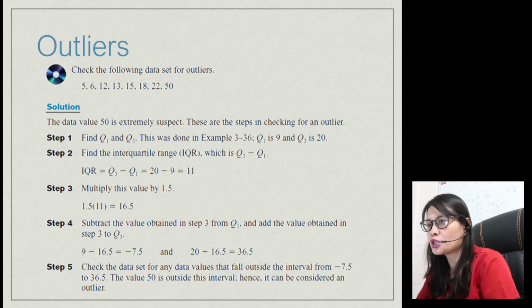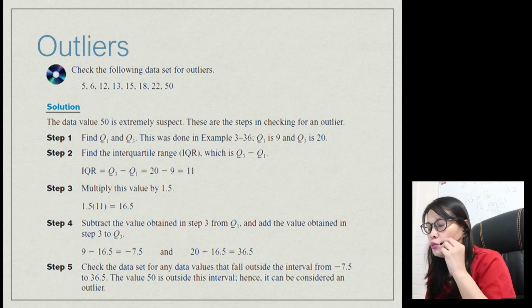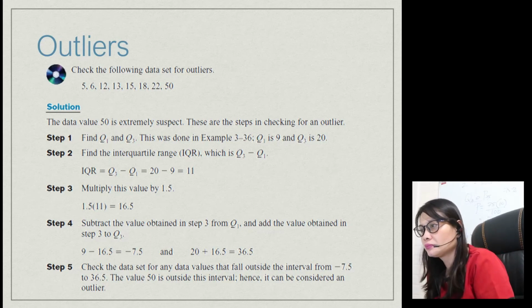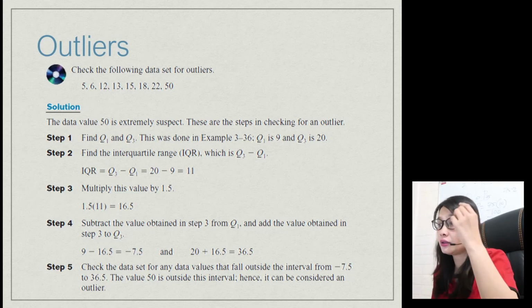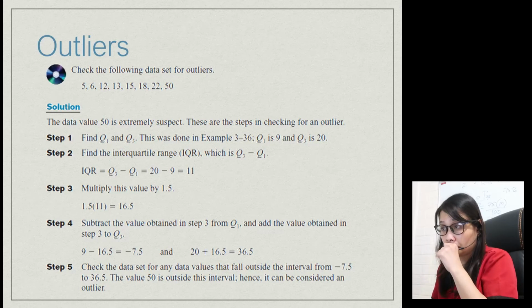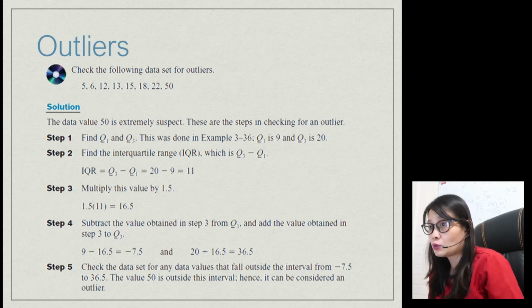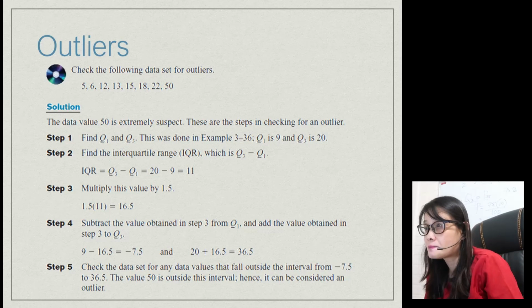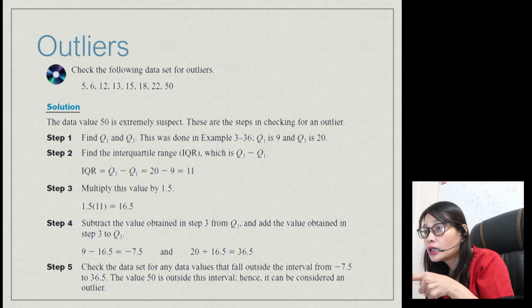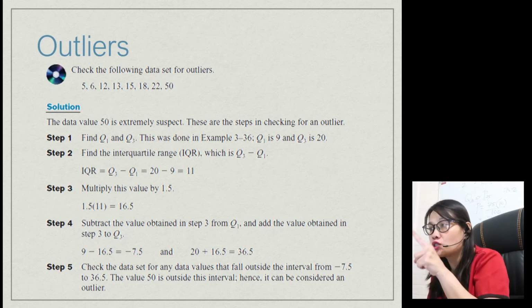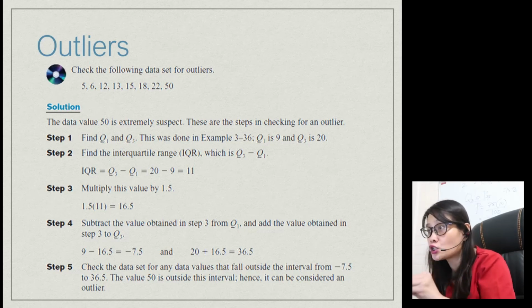Since Q1 is the same as percentile 25, we use kn over 100. So that will be 25 times 8 over 100. So the answer is 2.